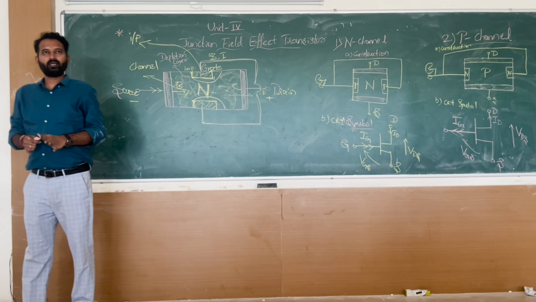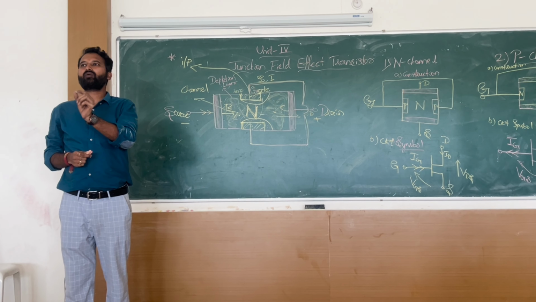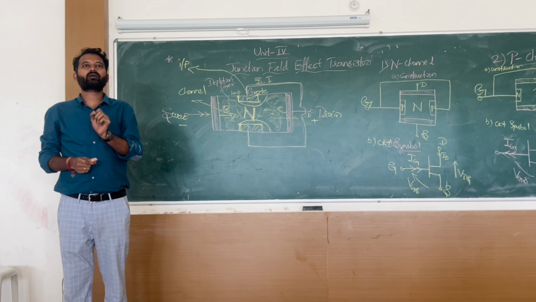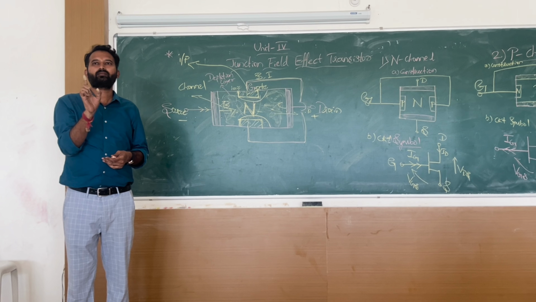Understandable? Clear? Say so. I will repeat one more time. It is a voltage controlled, overall voltage operated unipolar device. What do you mean by unipolar? Uni means singular. Unipolar device means current flows only in one direction, from positive to negative, anode to cathode.